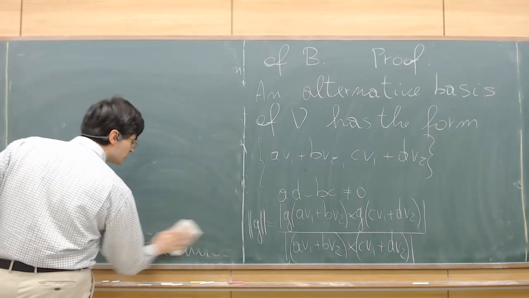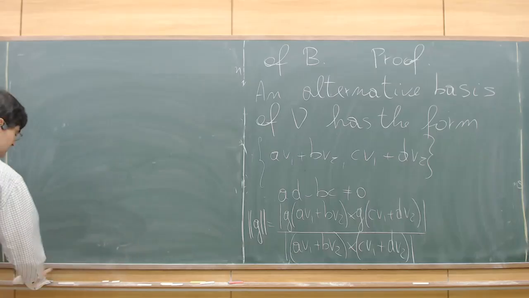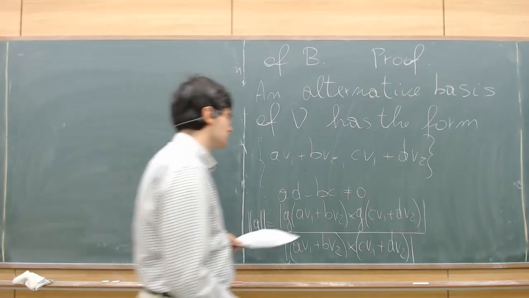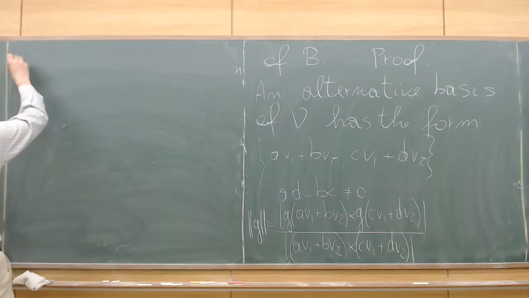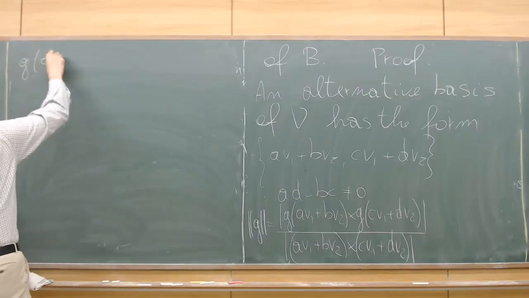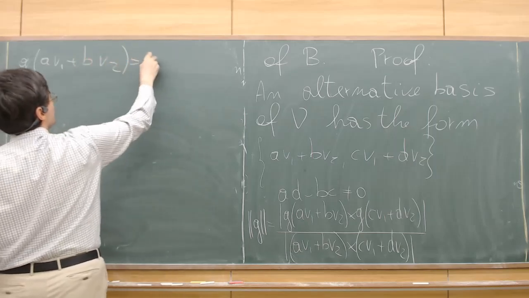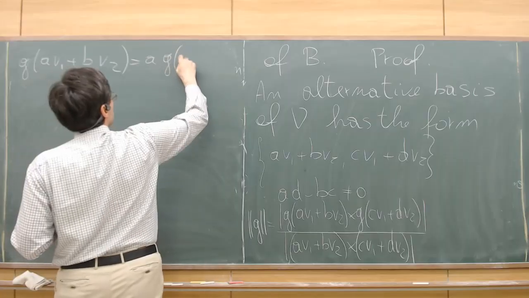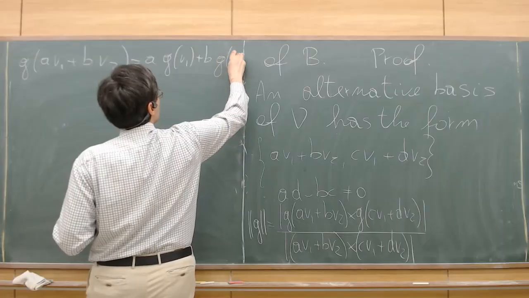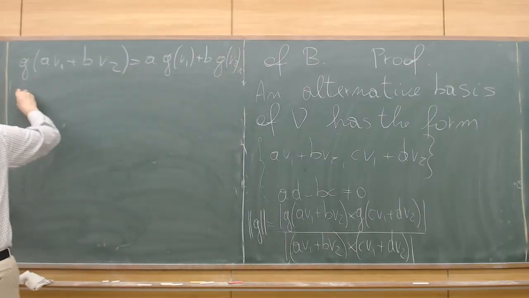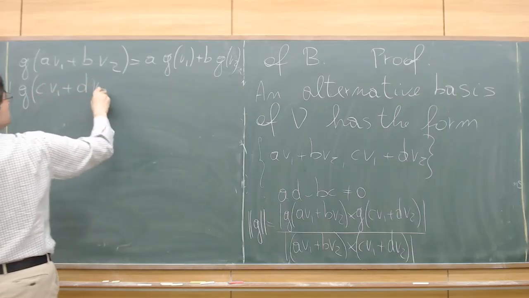and in order to do this you use the properties of the cross product. So precisely, first of all you write G of A V1 plus B V2 as A GV1 plus B GV2. You do the same with G of C V1 plus D V2.